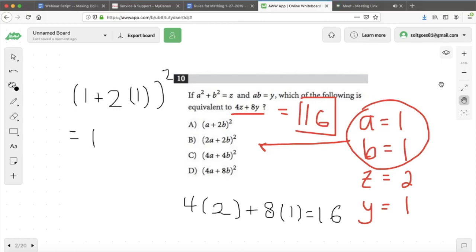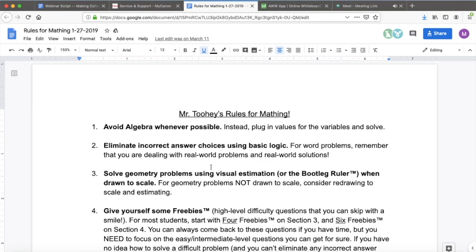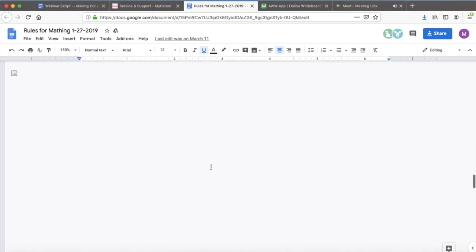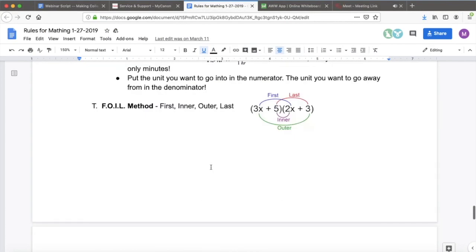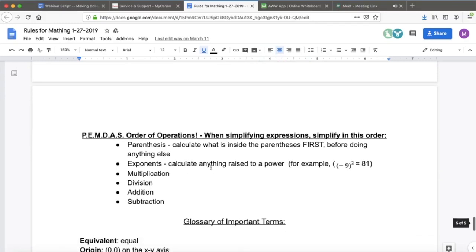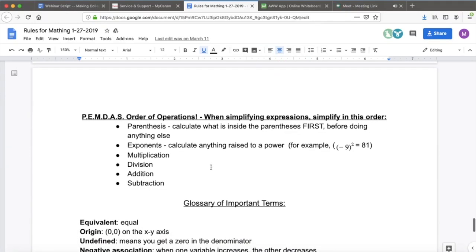Now here it might be helpful to think in terms of PEMDAS. Are you familiar with PEMDAS, yes or no? Some people are familiar with PEMDAS. I'm going to stop you real quick and go over PEMDAS, the order of operations when you're solving these questions. I've got a section on the rules for mathing, I think at the very end. PEMDAS tells you the order you need to go in when simplifying expressions.